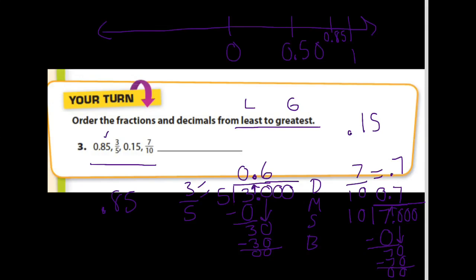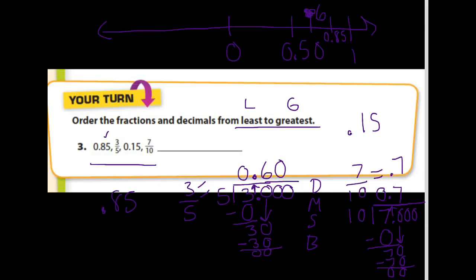Next one, 3/5 equals 6/10. So I can add a 0 to 6/10 and it's 60 hundredths. So I know that 60 falls in between 50 and 85. So I'm going to put a line and put 6/10 and put the decimal in front of it.